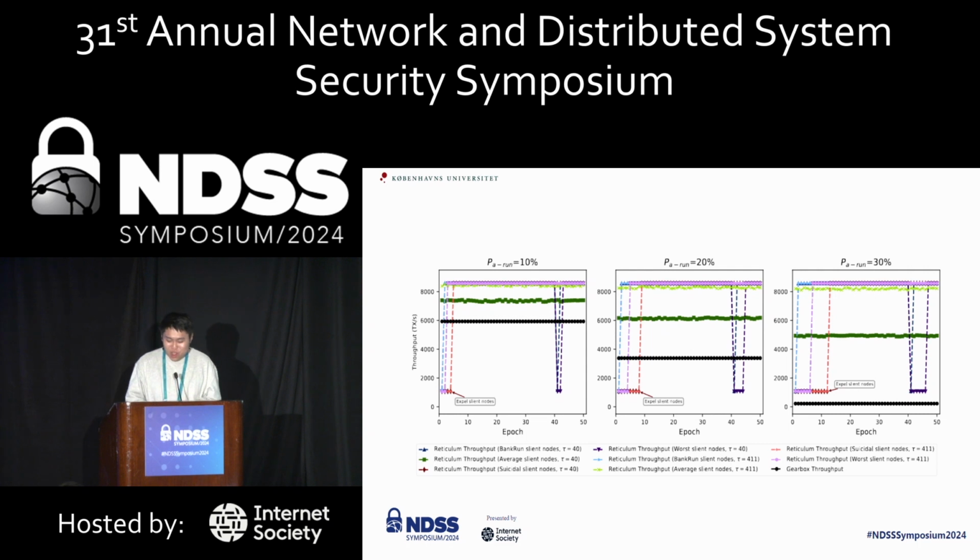We also compare with the performance of Gearbox. However, we must emphasize that Gearbox is not secure, completely not secure, because of the equivocation problem, right? They do not initiate a new epoch within a shard after the block is finalized. So there will be equivocation problems, right?